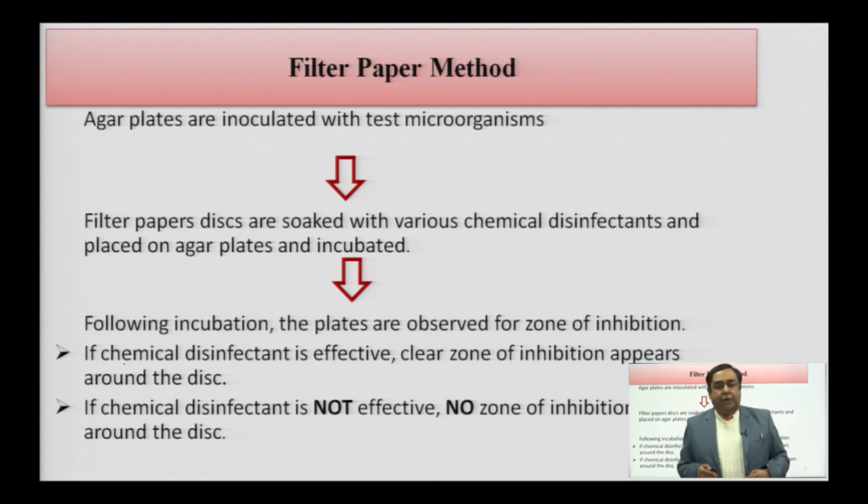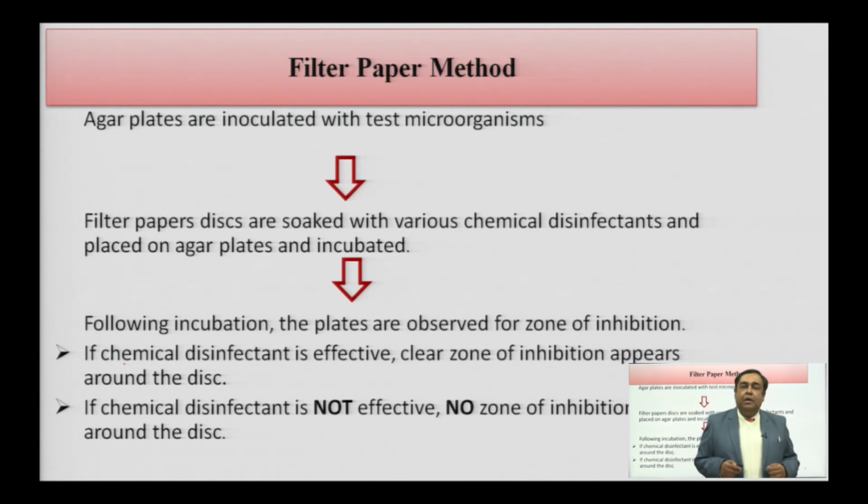Whenever we put it on the surface of the sterile nutrient agar medium, if that particular filter paper was soaked with the disinfectant at a concentration at which it has the capacity to show inhibitory property, there will be a zone of inhibition.